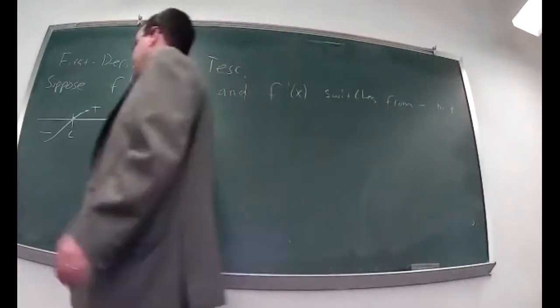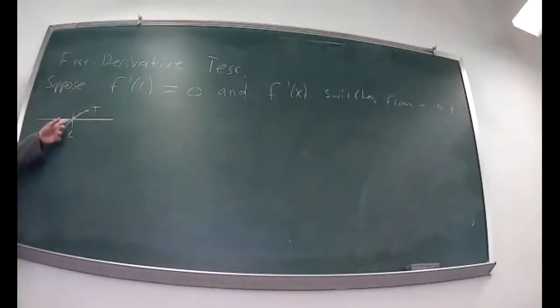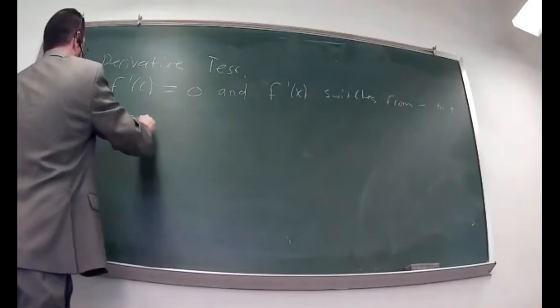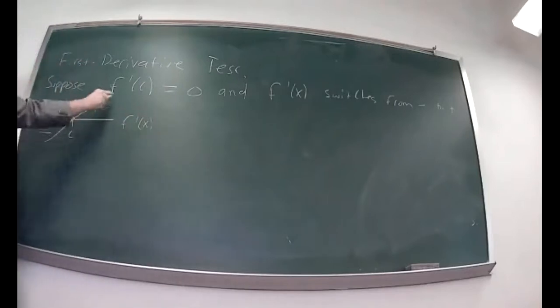And what I mean by that literally is that for a small interval less than c, the derivative is negative. For a small interval bigger than c, the derivative is positive. And so this is like your schematic picture of f prime of x, right? It's 0 at the point c, it's switching from negative to positive.